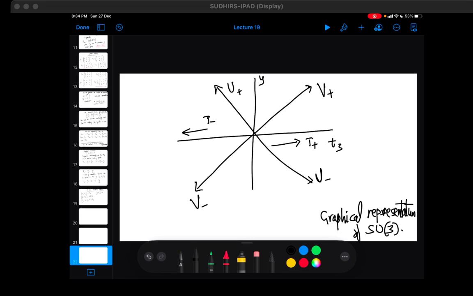In the case of SU3, that is not true actually. I'll come back to it when we are discussing the eightfold way, or the decuplet and nonet.